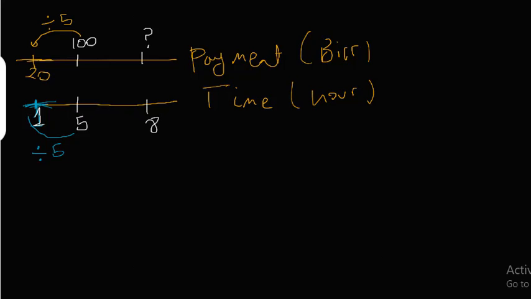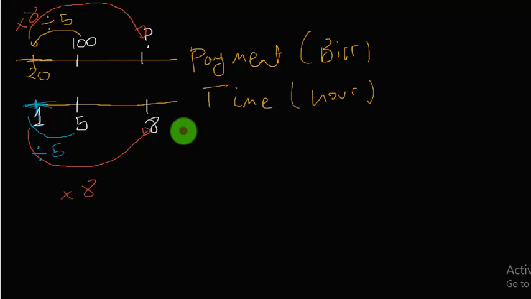So the point now is when you change from 1 to 8, if he works for 8 hours, it's easy to work now. How much does he get paid? You have to multiply by 8. Do the same thing here, multiply by 8 in order to get the same thing. When you multiply 20 by 8, you will end up with 160 birr.